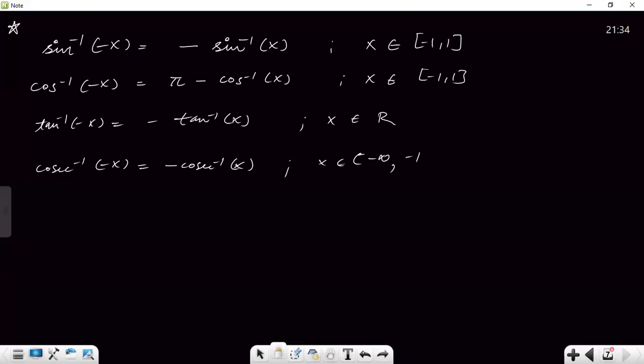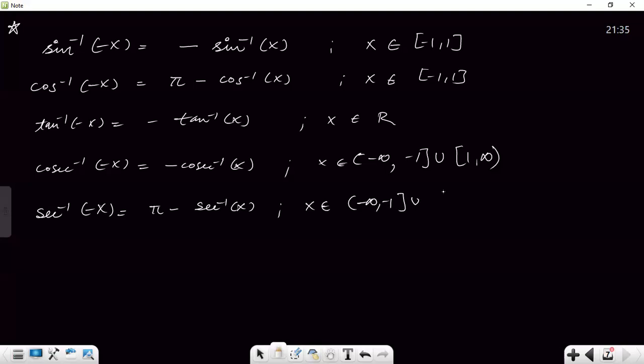I'm getting confused writing so many curves. For sec, things are a little unique, like cos, given that x is in its domain. For cot also, things are different.